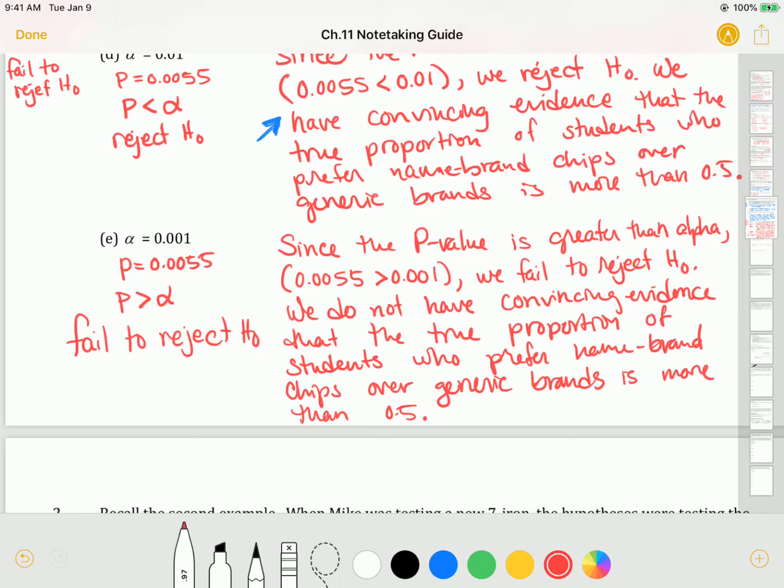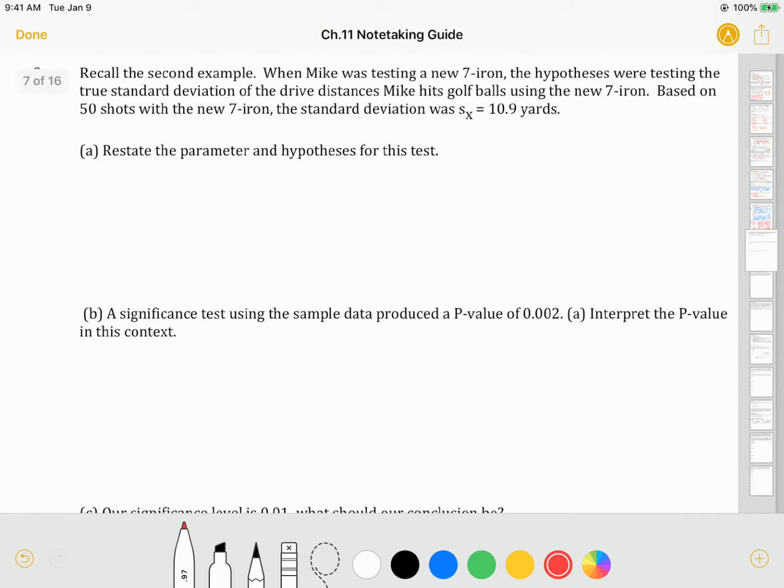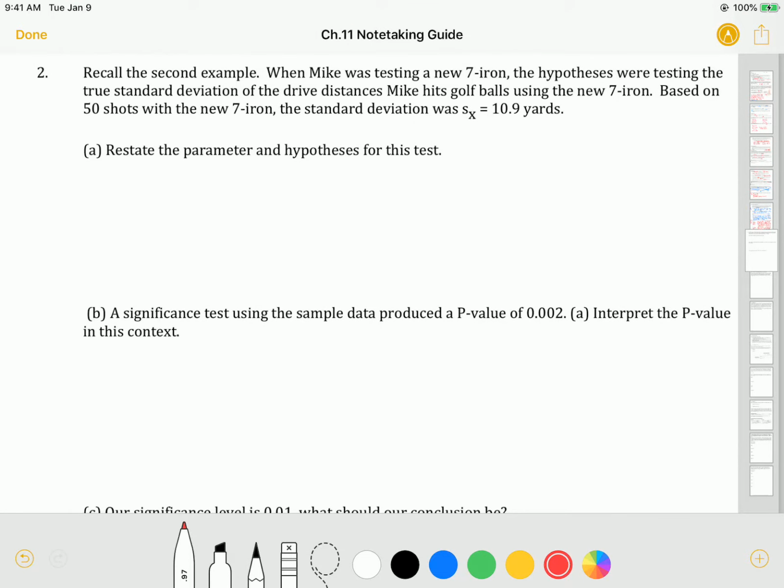and then making a conclusion about the results using evidence. Now we're going to do one more example, and then that will conclude section 1 of chapter 11. So this example says, recall the second example where Mike was testing a new 7-iron. The hypotheses were testing the true standard deviation of the drive distances Mike hits golf balls using his new 7-iron.